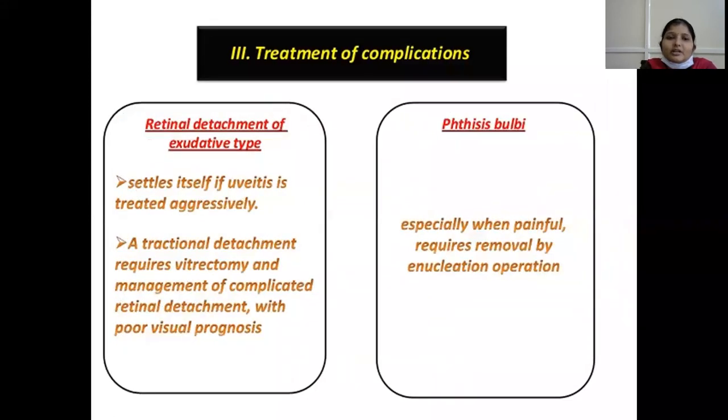So how do you treat retinal detachment? If it is of exudative type, by treating the uveitis, the retinal detachment also gets settled by itself. If there is a tractional detachment, then we have to do vitrectomy. And phthisis bulbi, as I have already mentioned, if it is painful, then we have to remove it by enucleation.